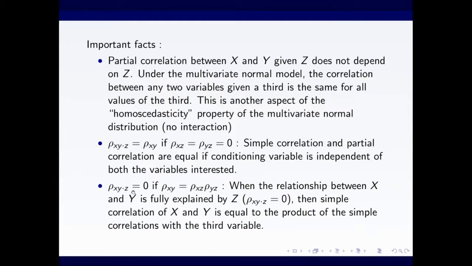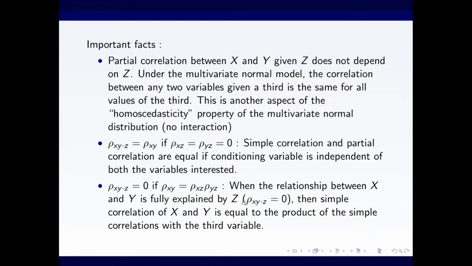And the partial correlation is equal to 0 if the simple correlation between x and y is equal to the product of the two simple correlations, the correlation between x and z and the correlation between y and z. This means that the relation between x and y is fully explained by z.